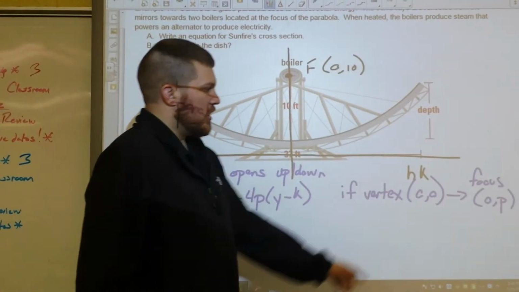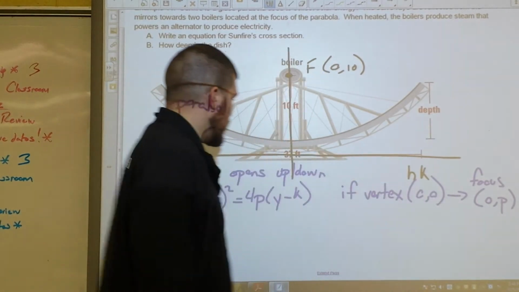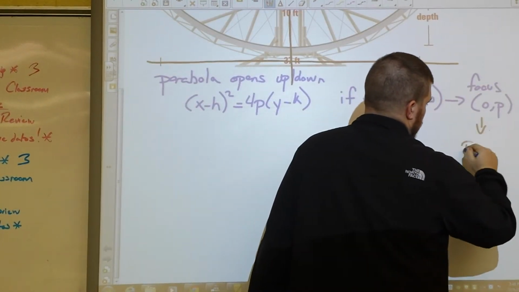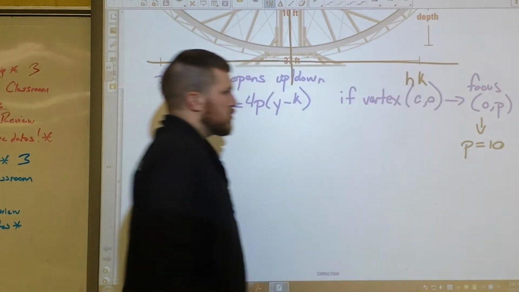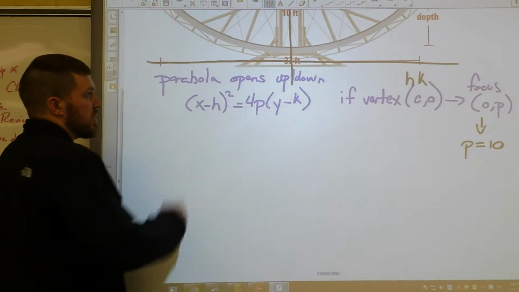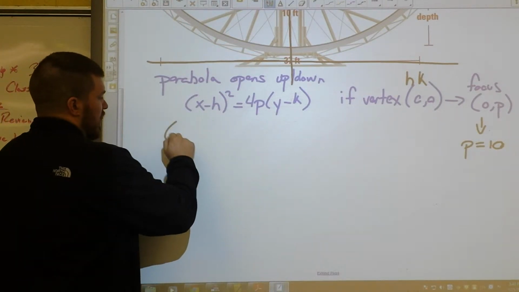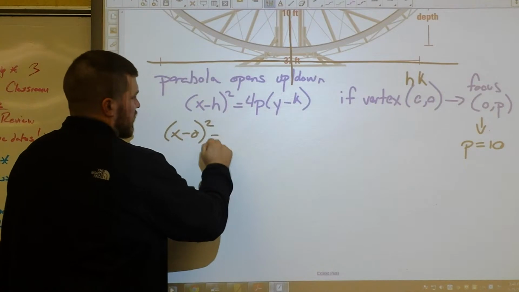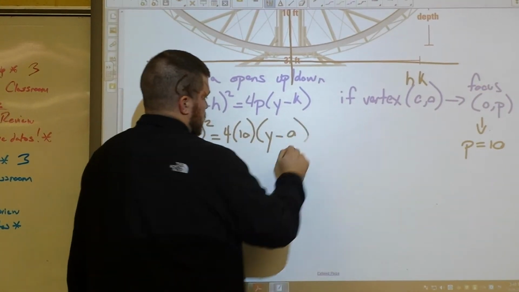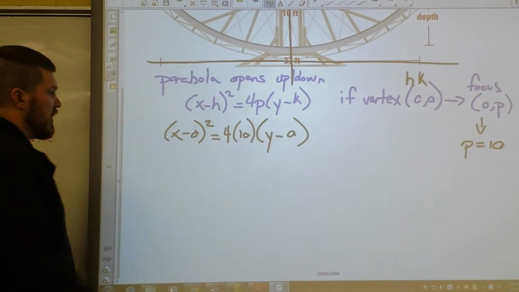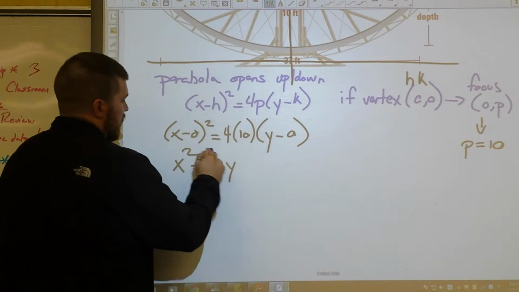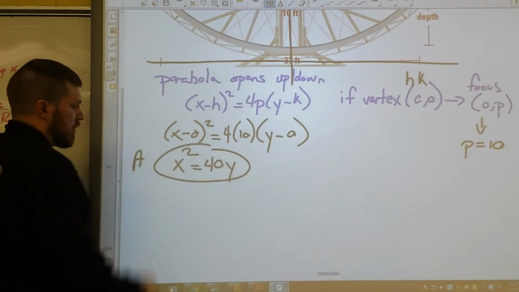If we match that up with our rule about the focus, that means p has to be 10. Since we now know h, k, and p, we can write the equation: (x minus 0) squared equals 4 times 10 times (y minus 0). Cleaning it up, we just have x squared equals 40y. That's the solution to part A.